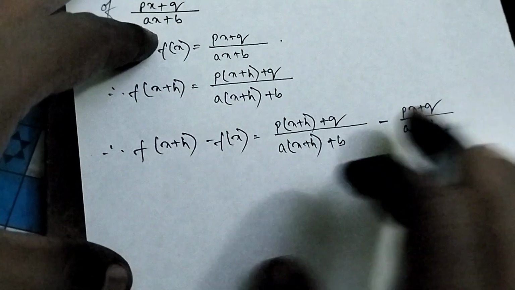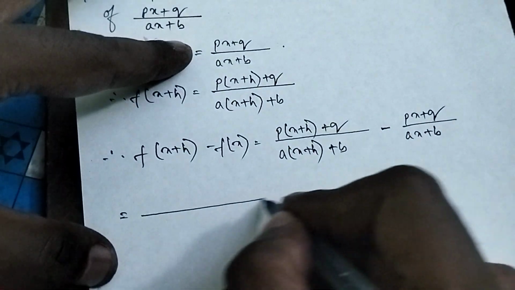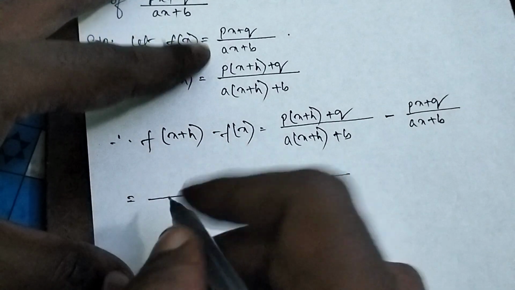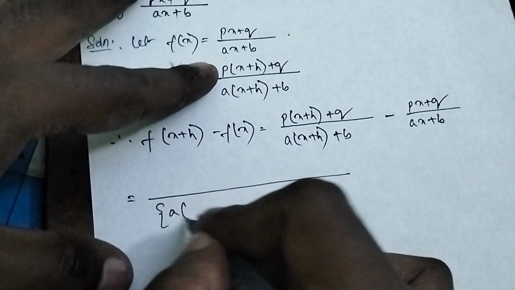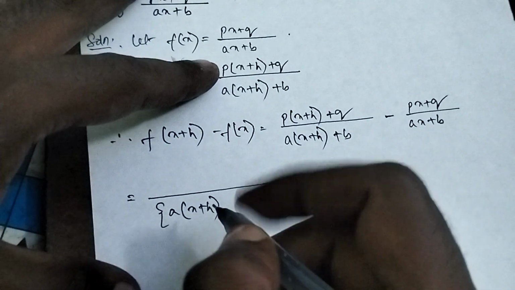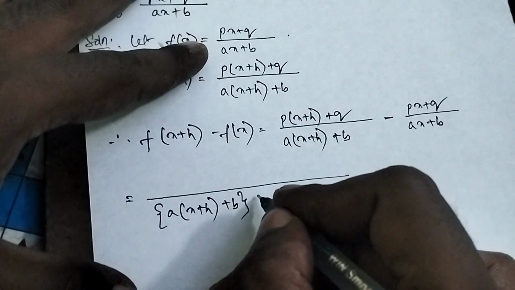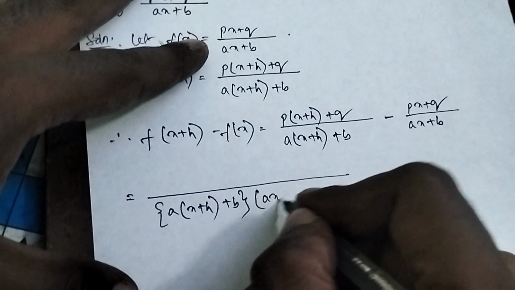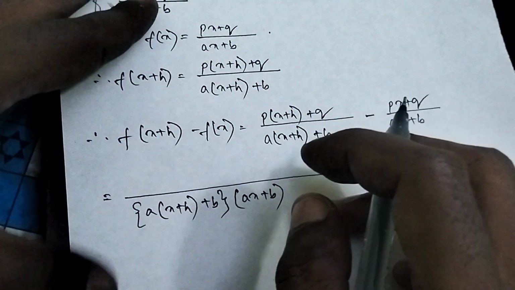Okay, so now the LCM will be a into (x + h) plus b, into (ax + b). Okay, clear?